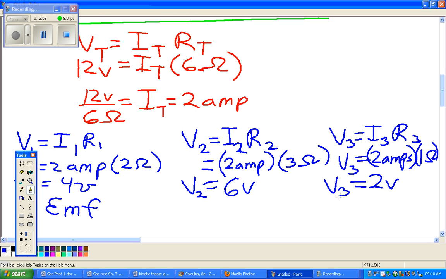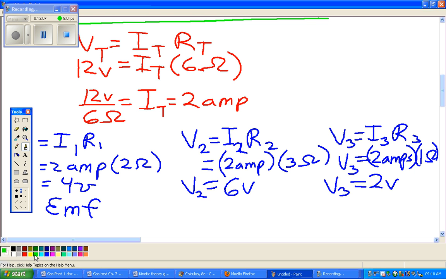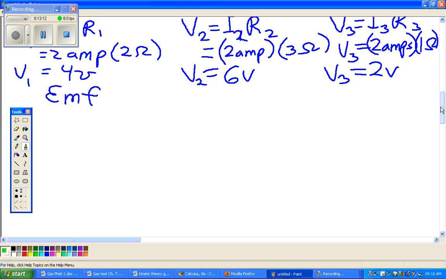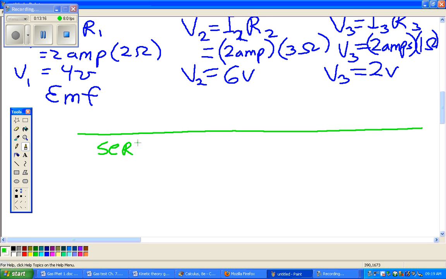So that's the last thing that only happens in a series. So to summarize, you can find the voltages by adding them up in series.